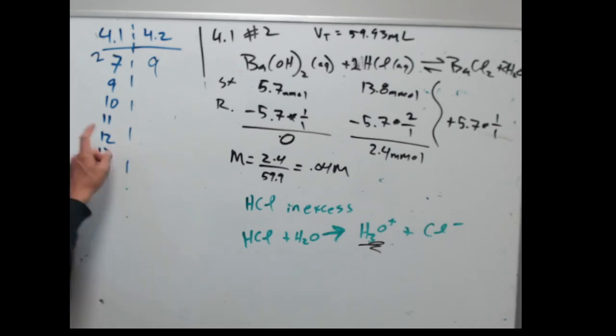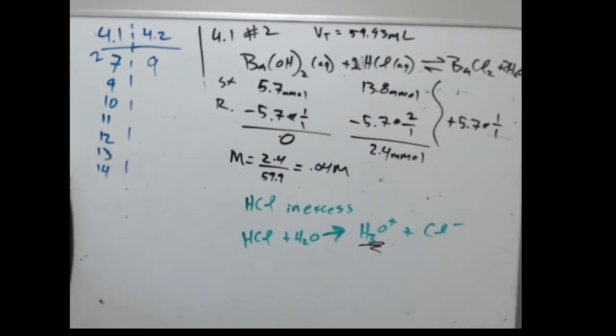You'll notice one of these later problems has two boxes because two species are both playing a role. You could argue one is more than the other, before or after the midpoint, but you need both of them.